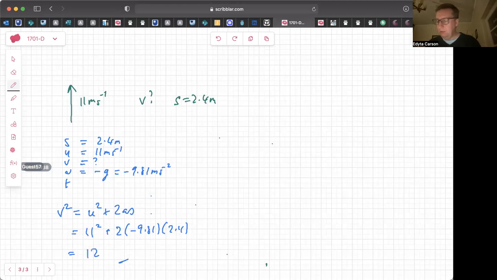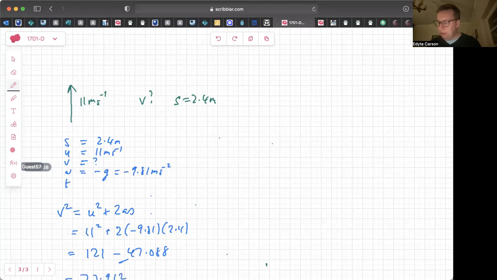So 121 minus 2 times 9.81 times 2.4. So calculator for that one. Yeah, I'll be lazy and get the calculator out. So 2 times 9.81 times 2.4, which is 47.088. So take those away from each other and we get 73.912.